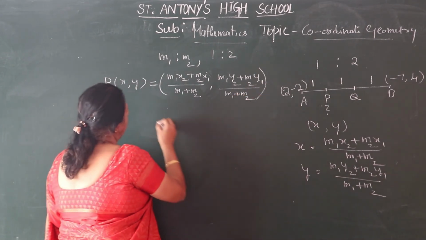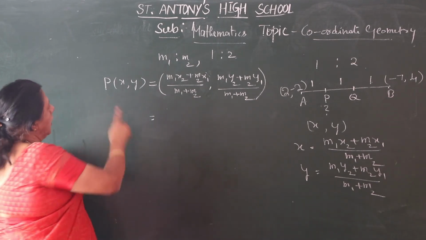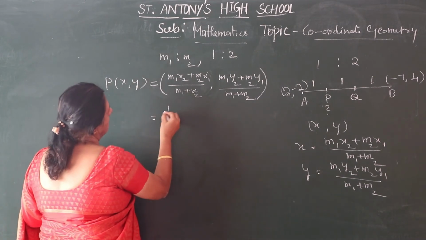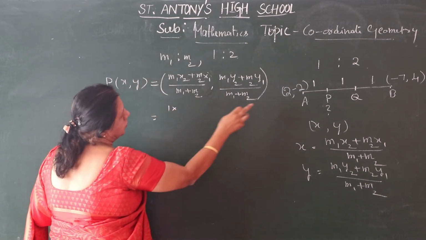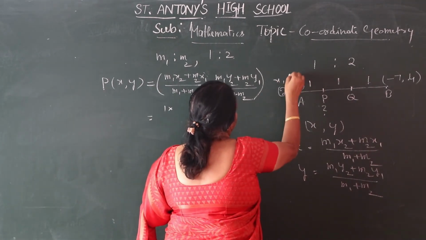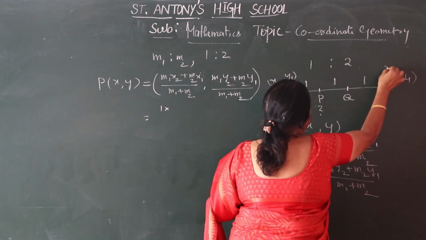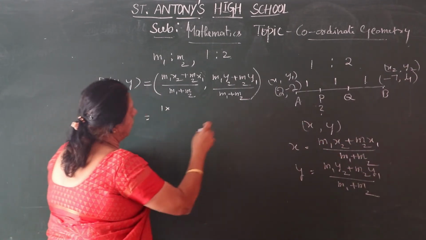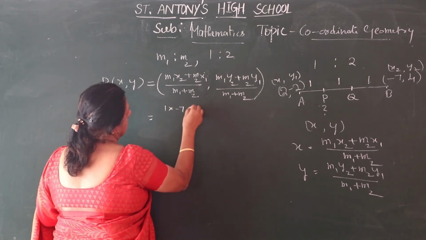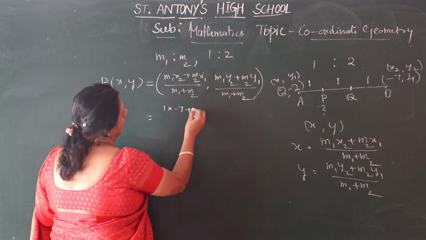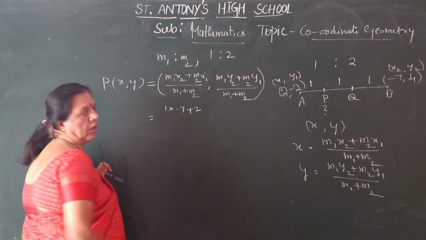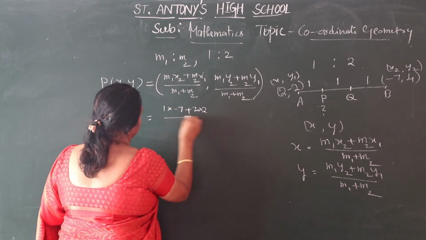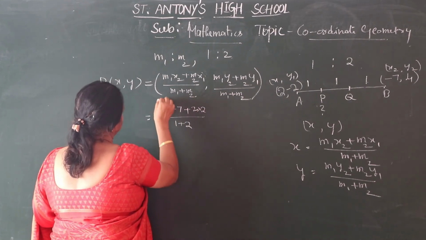Got it, children? Now substitute. What is M1? 1 into X2, which is -7, plus M2, which is 2, into X1, divided by 1 plus 2.